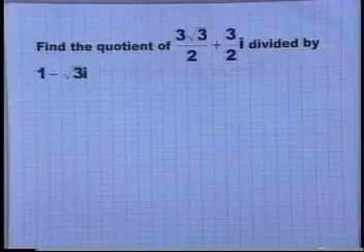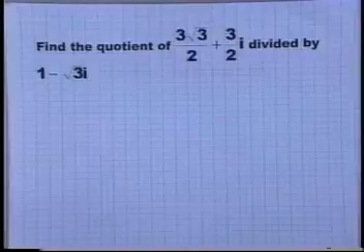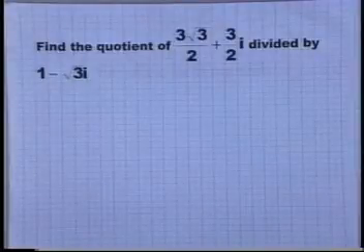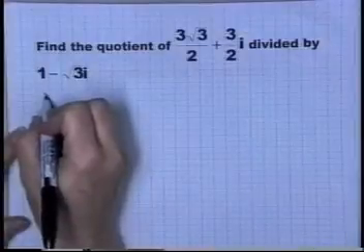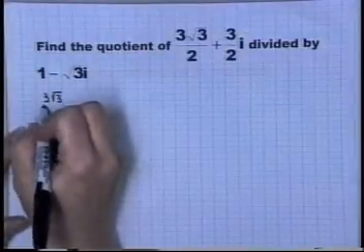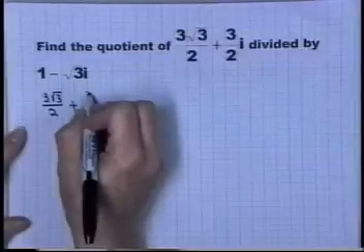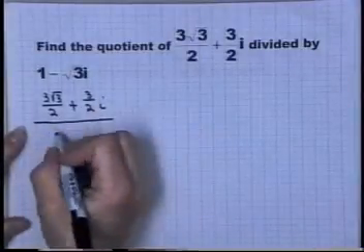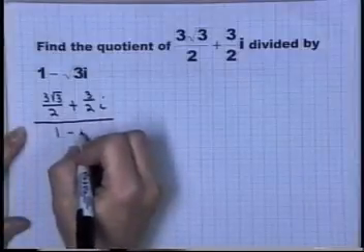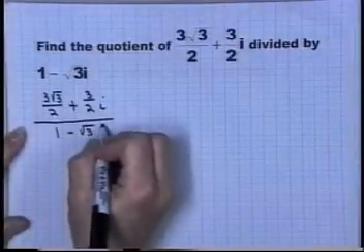Find the quotient of 3 square root 3 over 2 plus 3 halves i divided by 1 minus the square root of 3 i. Now in the old rectangular format, here's the way we did this. We wrote 3 square root 3 over 2 plus 3 halves i, and we showed the division by drawing a fraction bar. We're dividing by 1 minus the square root of 3 i.